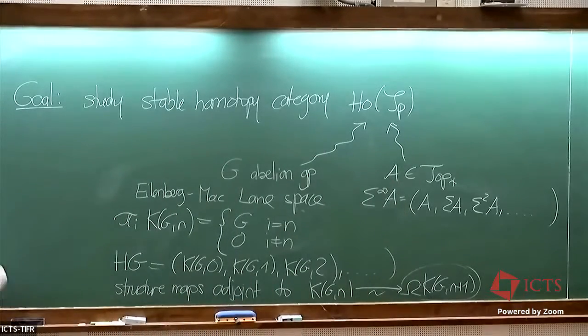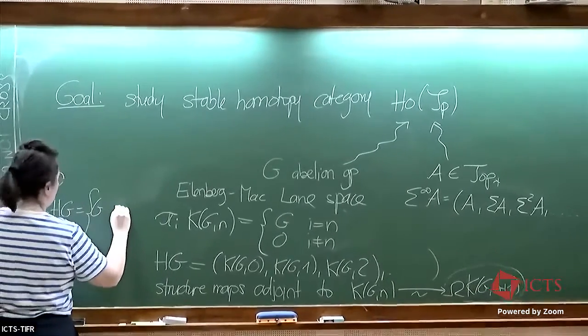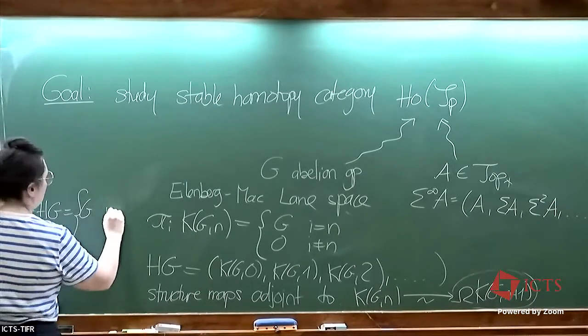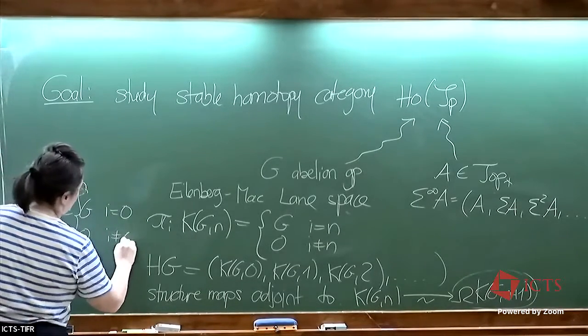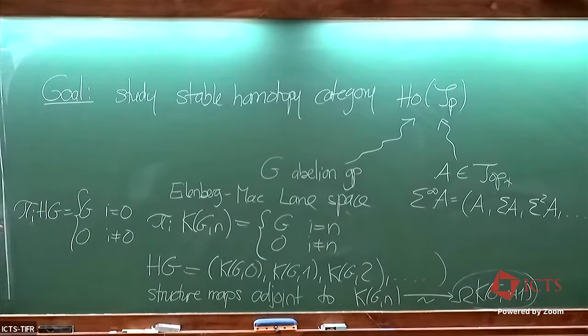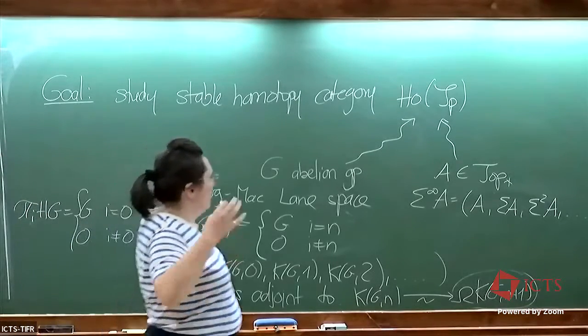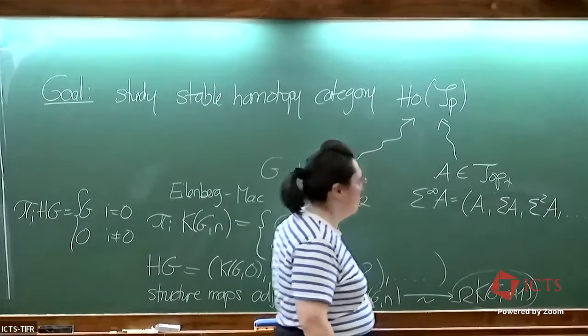So the zeroth homotopy group of HG would be G and 0 elsewhere. And then, of course, by suspending it in whatever direction you want, you can also get an Eilenberg-MacLane spectrum for other degrees. We are really only going to see HQ, I think, today. But that is a way to consider all abelian groups as part of the stable homotopy category.